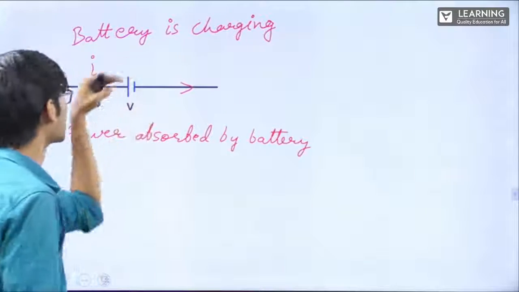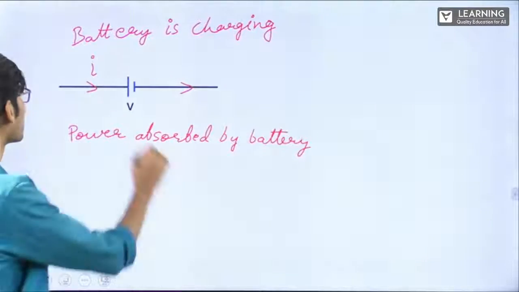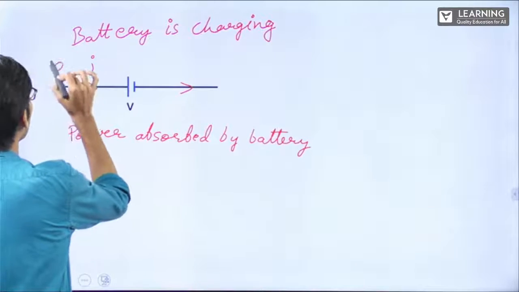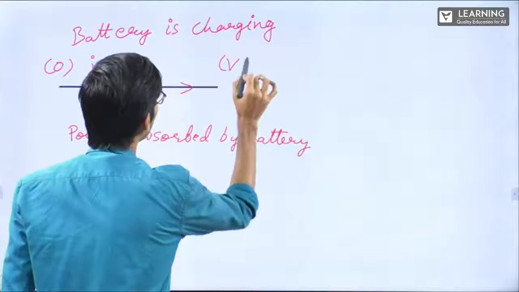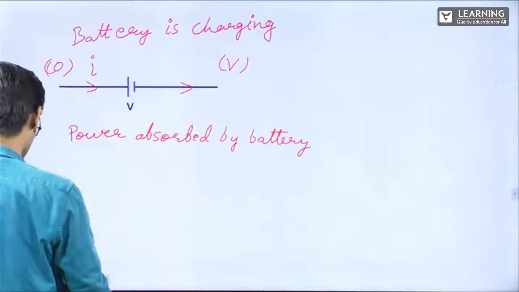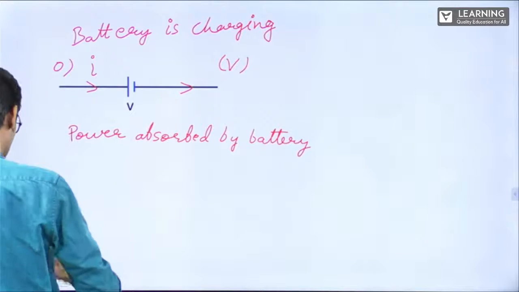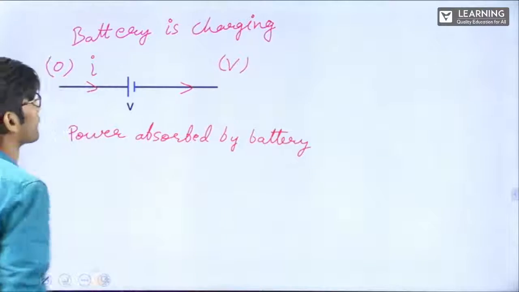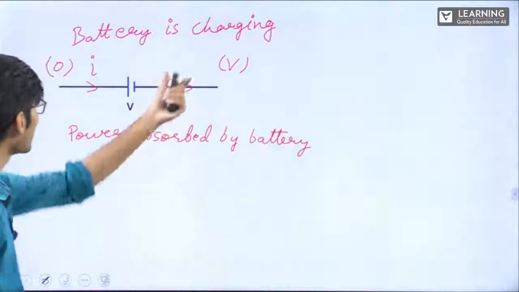Very simple. This time current is flowing like this. Potential difference will be like this, because it will be charged to maximum potential V only, correct?